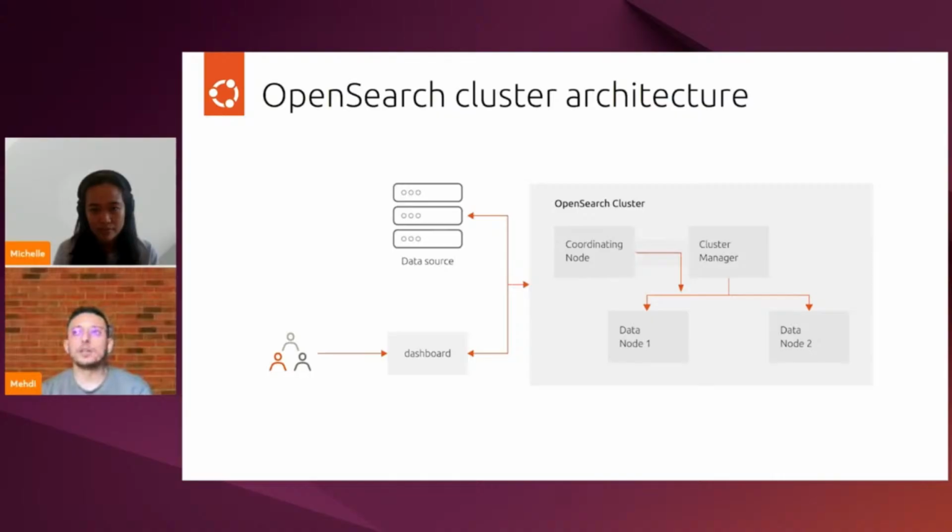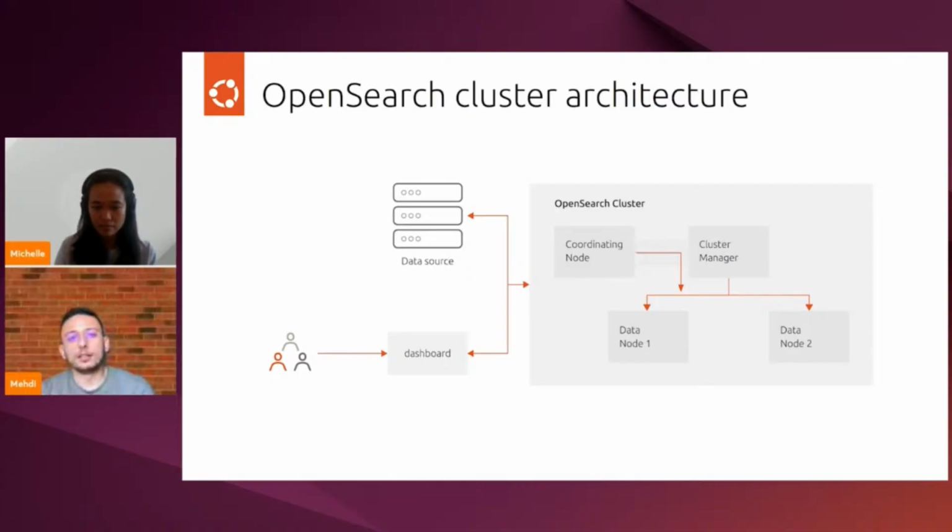So the cluster manager role is essentially assigned to a node that will serve as the effective brain of the cluster. And this will be used to track the cluster state, basically anything orchestration related, tracking the nodes and so on and so forth.